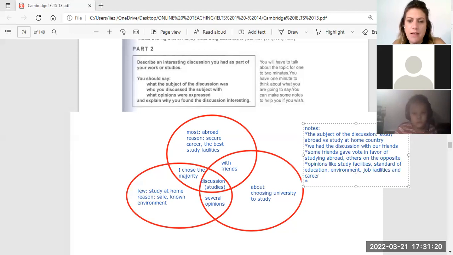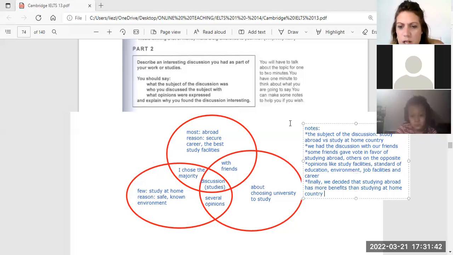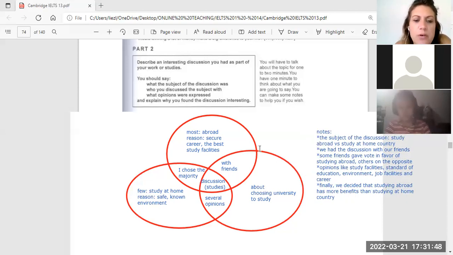And then finally, we decided, you have to say what you decided. You decided that studying abroad has more benefits than studying at your home country. So these are just notes that we are talking about, okay? These are the type of notes you can make when you want to prepare for your interview.